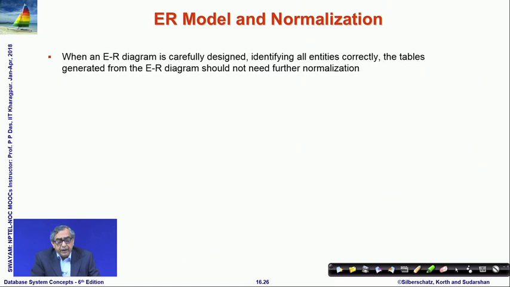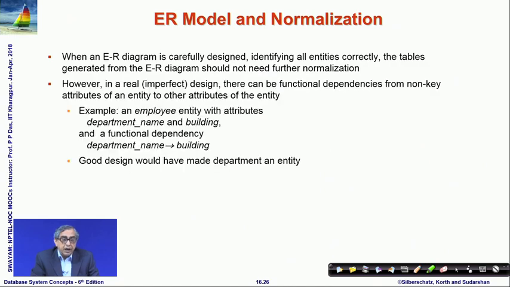So, if we have taken the ER model track, then frankly speaking, if the ER model is carefully designed, then every entity defined in that ER model will have only the dependencies where the determinant is a super key. Just recall the employee, department, building kind of situation we discussed earlier. An employee entity has attributes department name and building, and there is a functional dependency from department name to building.